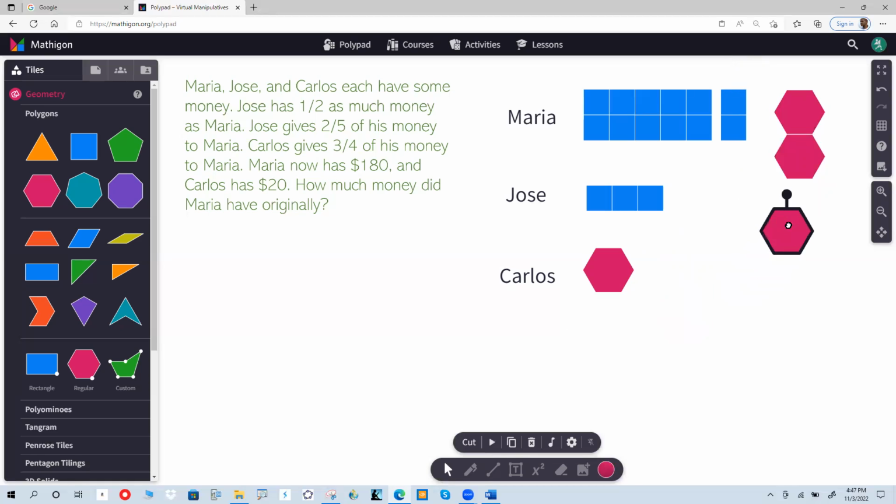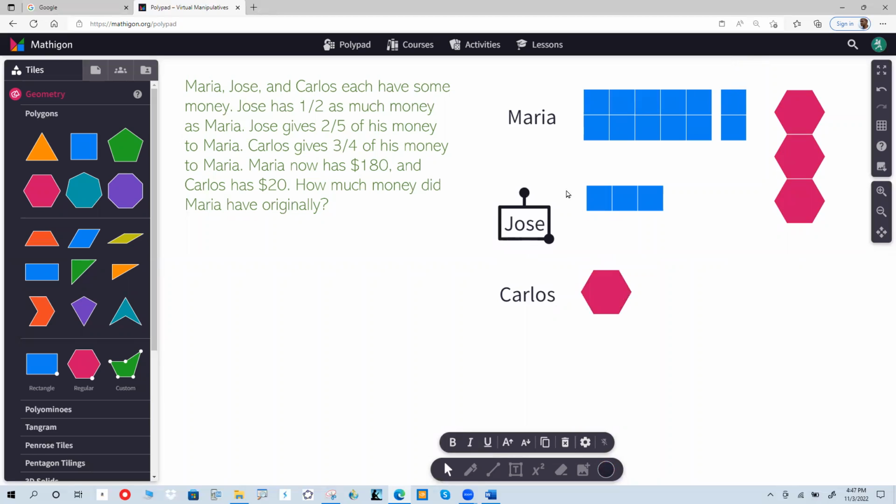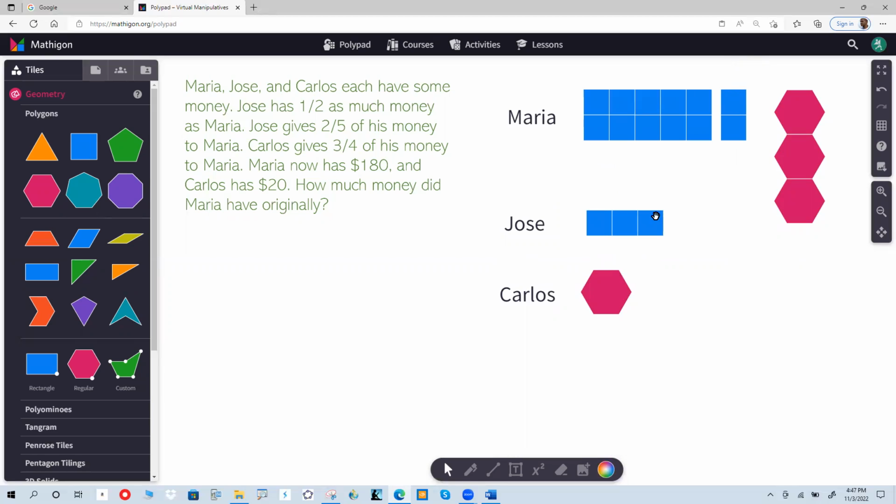Now, all of the top stuff belongs to Maria. The 2 blue squares came from Jose and 3 red hexagons came from Carlos.